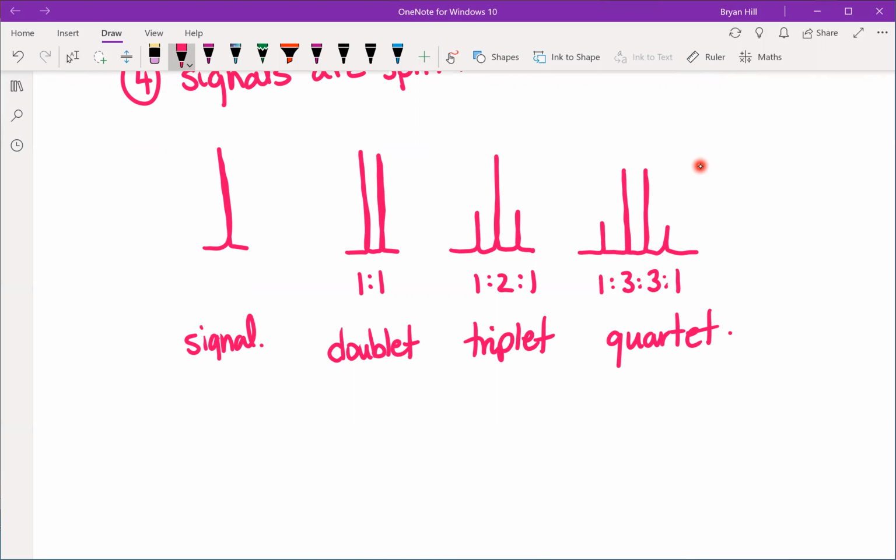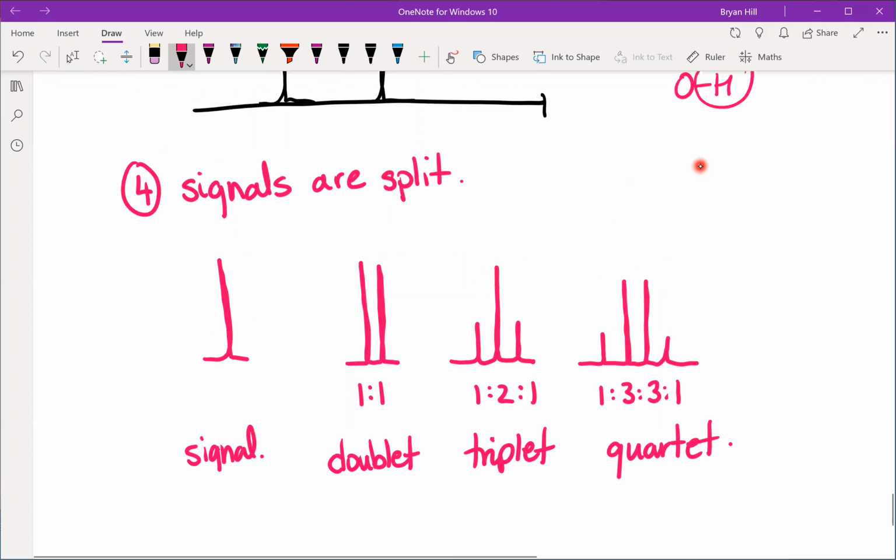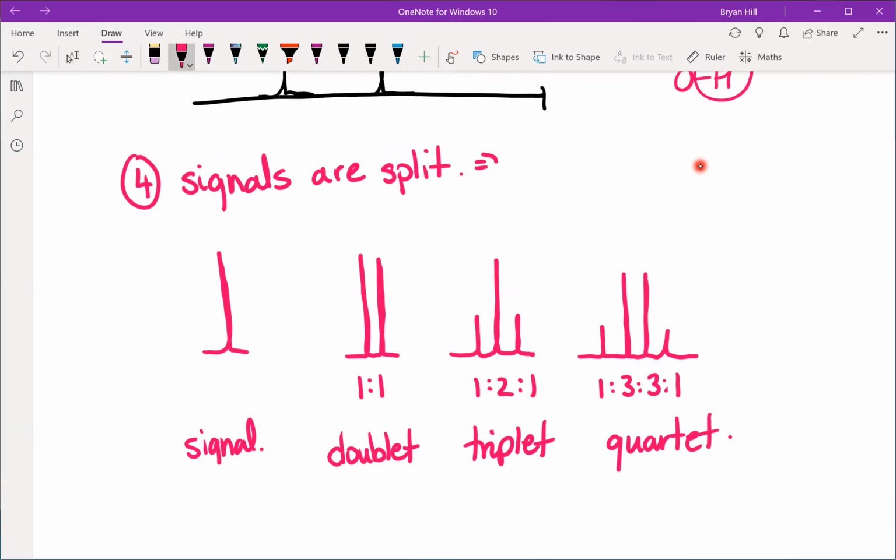And what this tells us, the splitting of the signals, is about protons on nearby carbons. So we're going to get into that today, I guess.